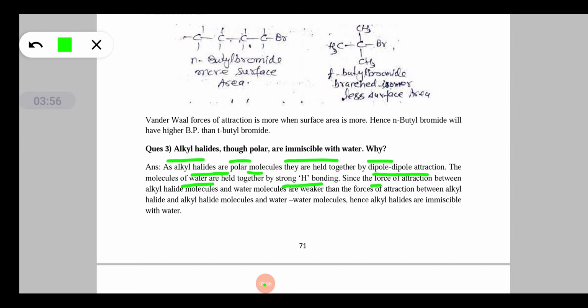Now the force of attraction between the alkyl halide molecules and water molecules, RX and water, is weak as compared to the force of attraction between alkyl halide molecules themselves and between water molecules. Hence the alkyl halides are immiscible with water.